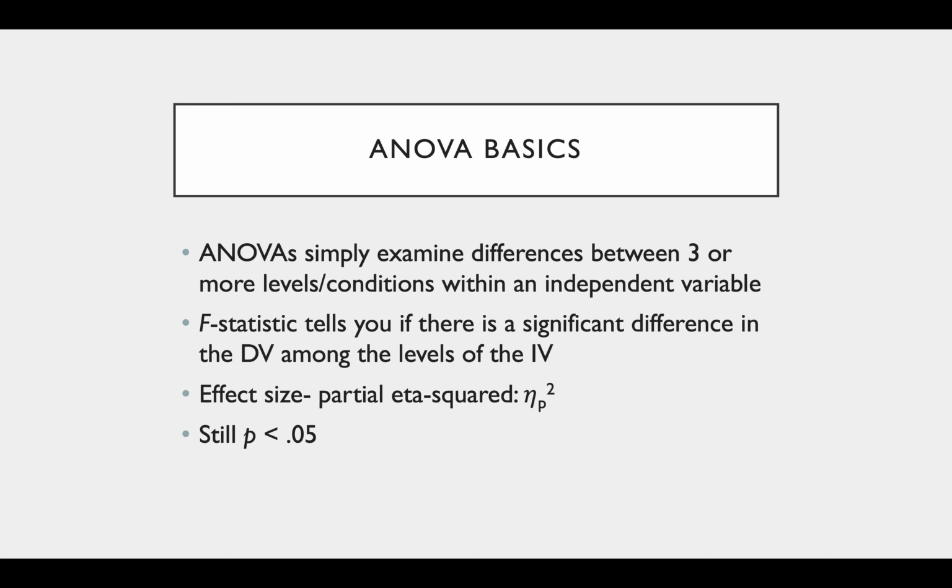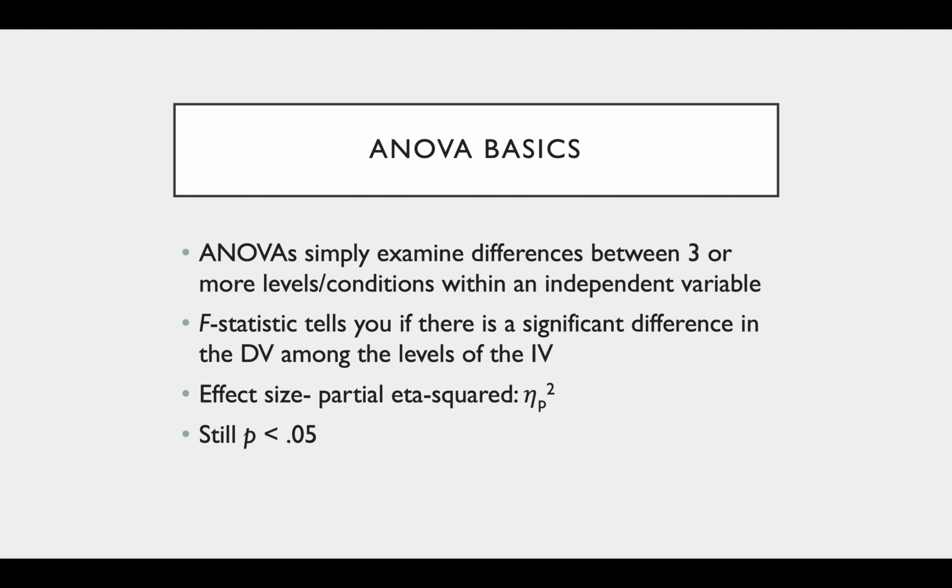Just as a reminder, ANOVAs examine the differences between three or more conditions or levels within an independent variable. The outcome statistic is an F statistic. The thing about the F statistic is that it just tells you if there's a significant difference among the levels of your independent variable. It just tells you if there's a difference somewhere in there.